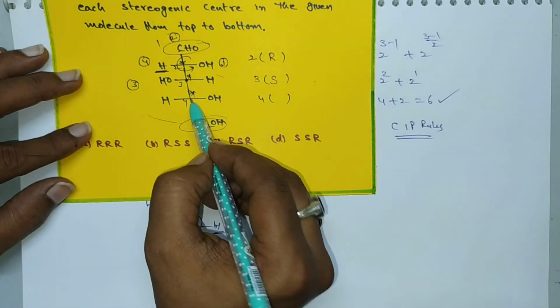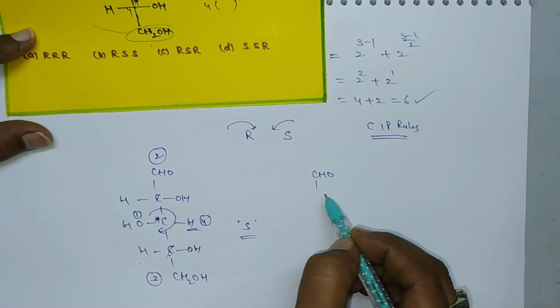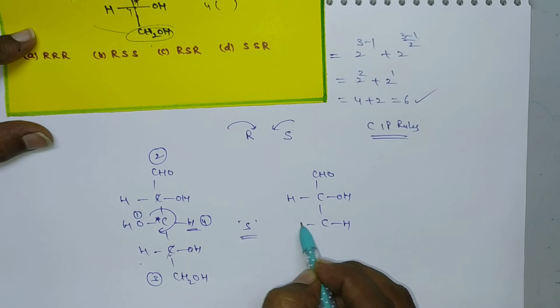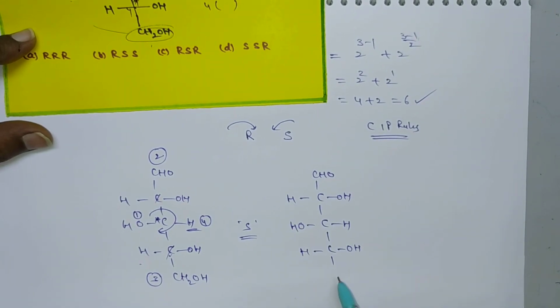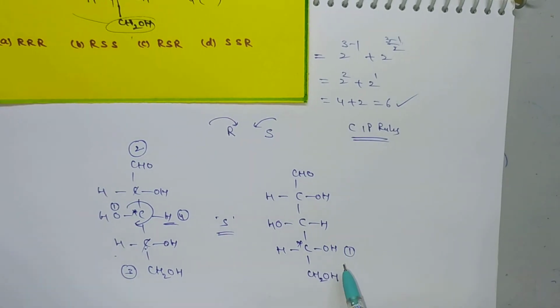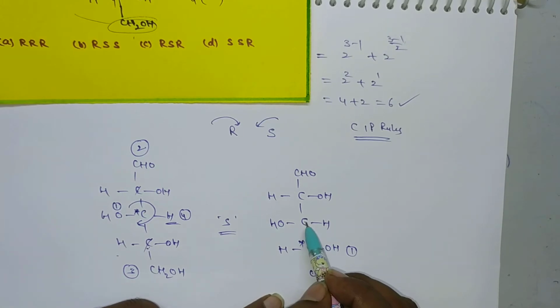And next one, this carbon. Again I am writing here for clarity. Just go through our previous video and you can easily solve this problem. So this is the carbon. Here the first preference goes to oxygen, and the second preference goes to carbon. Here there are 2 carbons, so we have to check the next element.